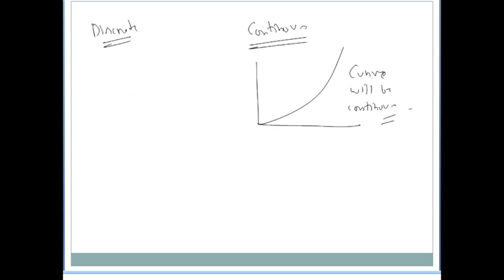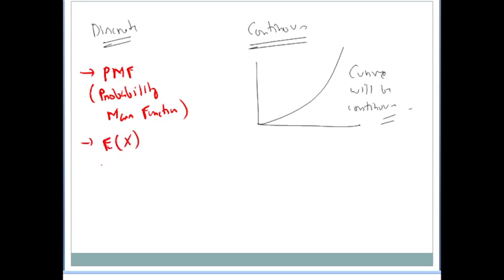Now what can we calculate in case of a discrete random variable? In case of a discrete random variable, we will mainly obtain the PMF, which is called the probability mass function. Here we will get the expected value of x, that is the expected mean.